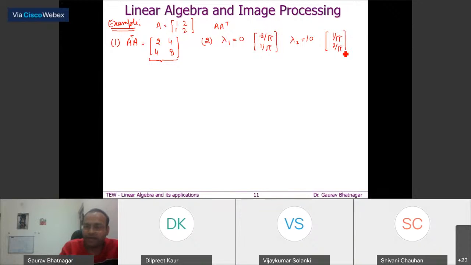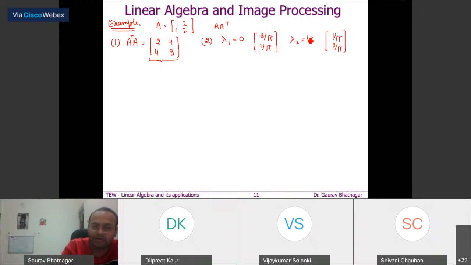Whenever you try to find these eigenvectors, please make sure that you take the normalized vector as the eigenvector. If you find the length of this particular vector, it is going to be 1, and this is again going to be 1. If you get an eigenvector with respect to any of the eigenvalues which is not normalized, please normalize it.